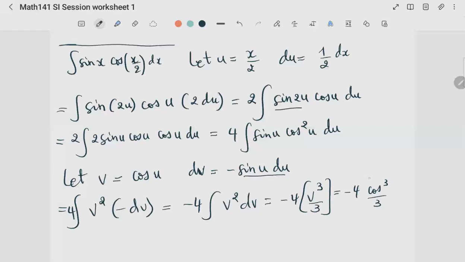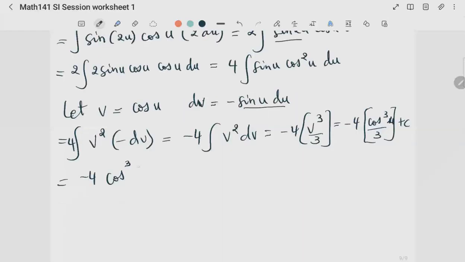And we know from our original substitution that u is just x over 2, so this becomes negative 4 cos cubed of x over 2, over 3, plus c, which can just be negative 4 over 3 times cos cubed of x over 2 plus c. And this should be our final answer.